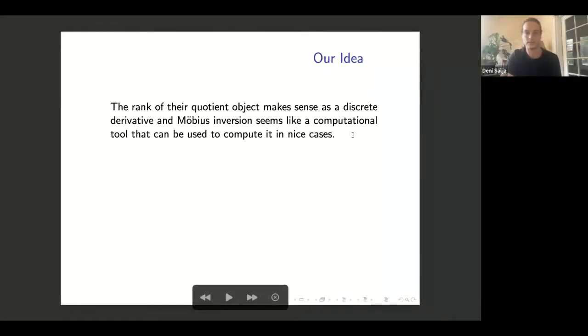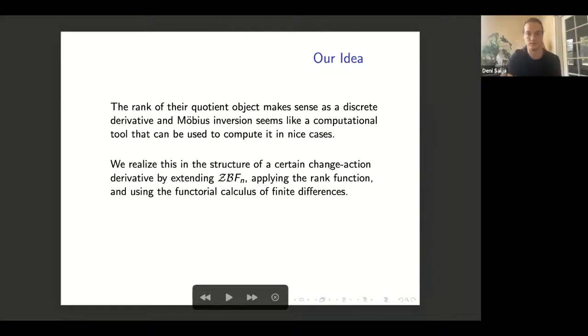And the way that Christine and I were thinking about doing that: the rank of that quotient object, which I haven't told you about yet, but I will show you eventually, makes sense as a discrete derivative. And to me, it sounds like the Mobius inversion is a computational tool that can be used to compute it when you have a particularly nice lattice that you're working with.